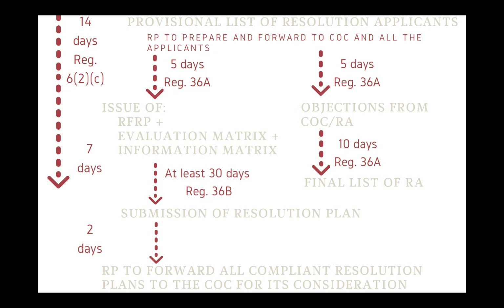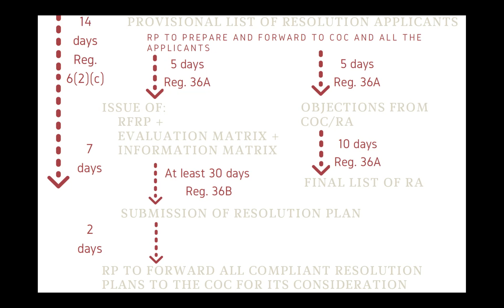All such expectations are reproduced in a document named the request for resolution plan. Along with it, if you remember, within 54 days from the insolvency commencement date, or within 2 weeks from the date of appointment of the RP, we prepared an information memorandum. Such information memorandum shall also be given along with the RFRP. What are we trying to do here?